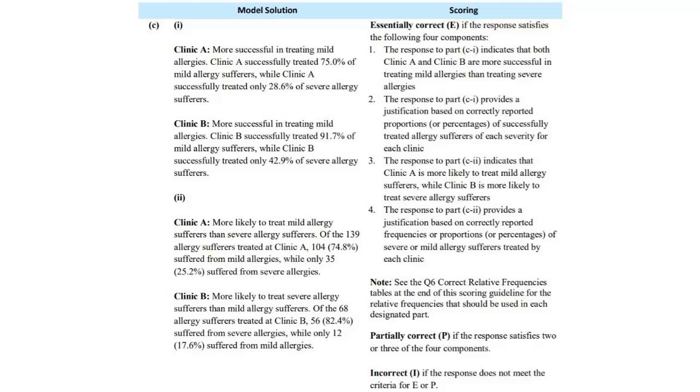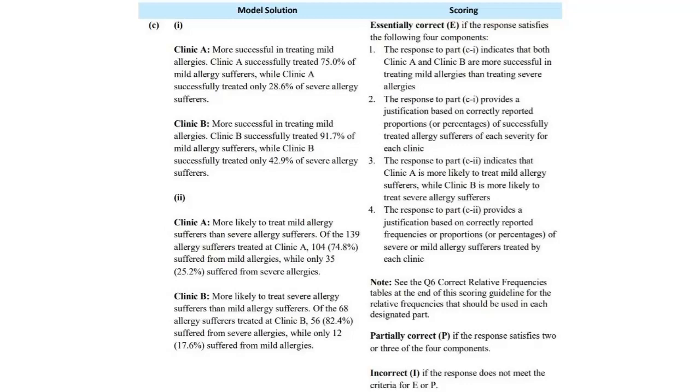Of the 139 allergy sufferers treated at Clinic A, 104 suffered from mild allergies, while only 35 suffered from severe allergies. Clinic B was more likely to treat severe allergy sufferers than mild allergy sufferers. Of the 68 allergy sufferers treated at Clinic B, 56 had severe allergies, while only 12 suffered from mild allergies.